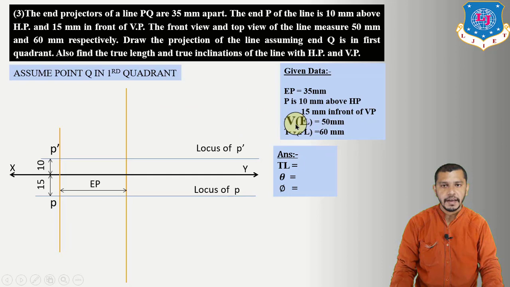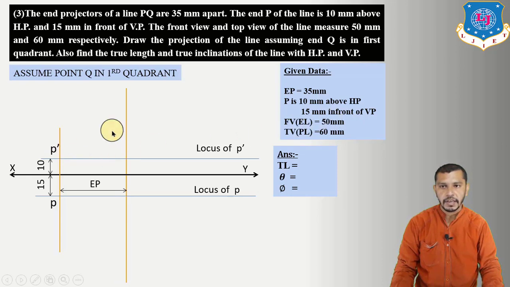Now the further given data is front view, that is elevation length, and top view, that is plan length, and Q is in the first quadrant. So we will get Q dash somewhere above the XY reference line on this projector, and we will get the plan of point Q somewhere below the XY reference line on this projector. Now front view and top view are given, so measure the front view, which is our elevation length, 50 mm.